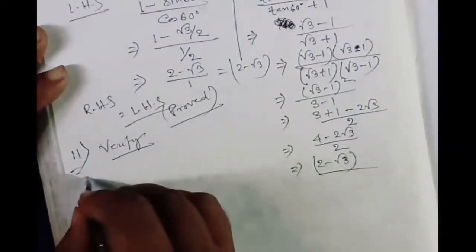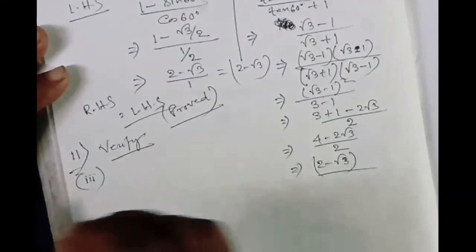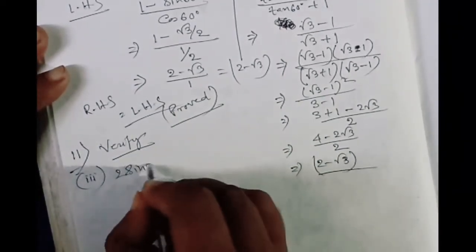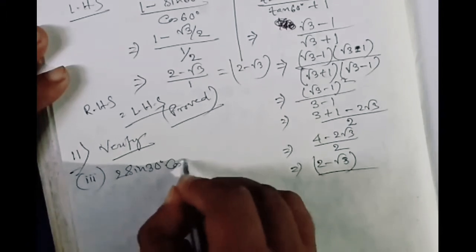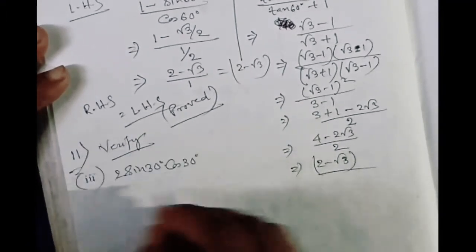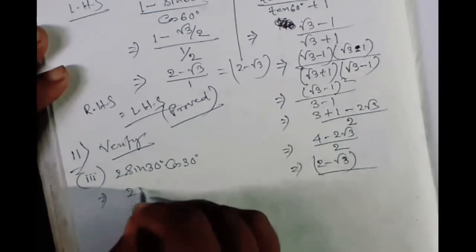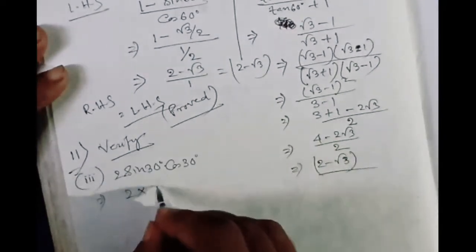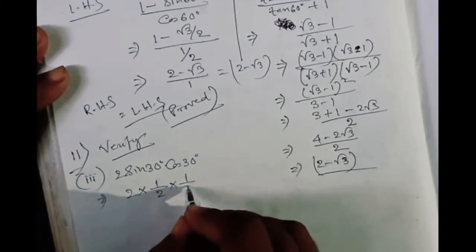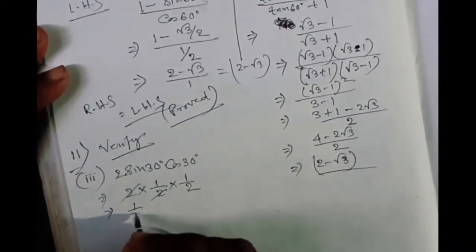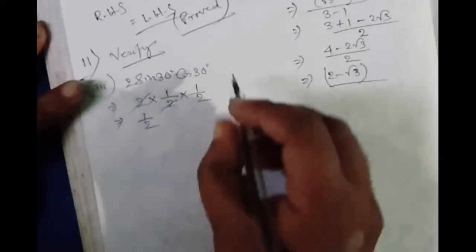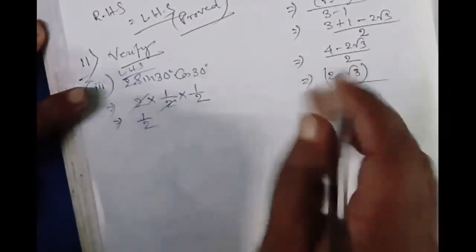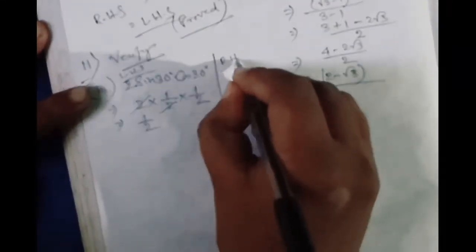As you can see, I am doing parts 3 and 4. So, question number 3: 2 sin 30 cos 30. The value of sin 30 is 1 by 2, and cos 30 is root 3 by 2. So this is the LHS. Next come to the RHS.